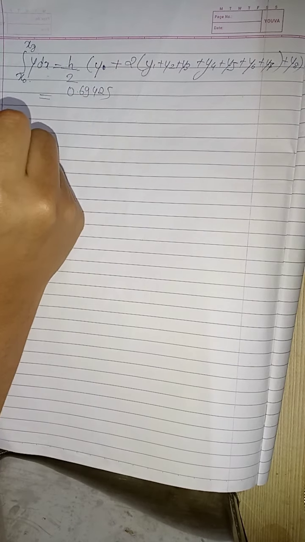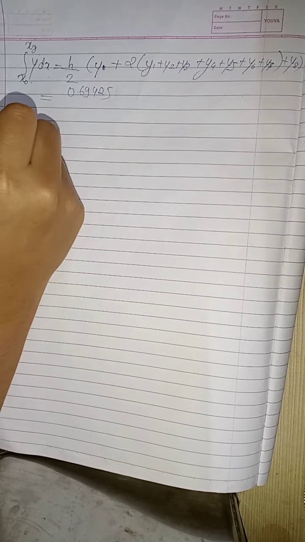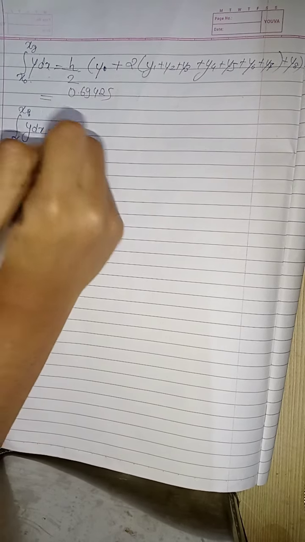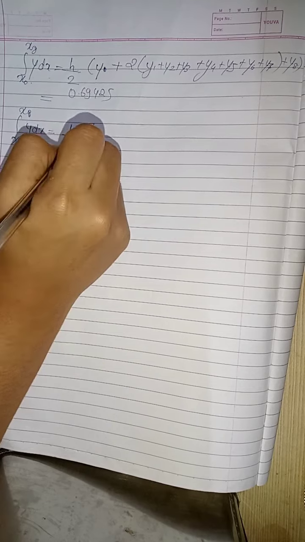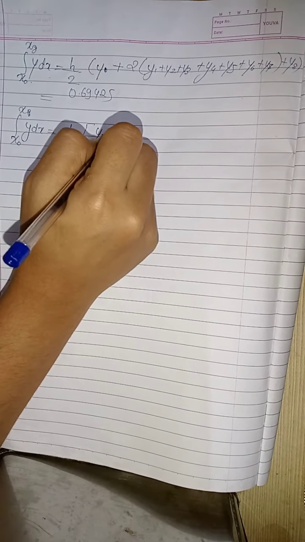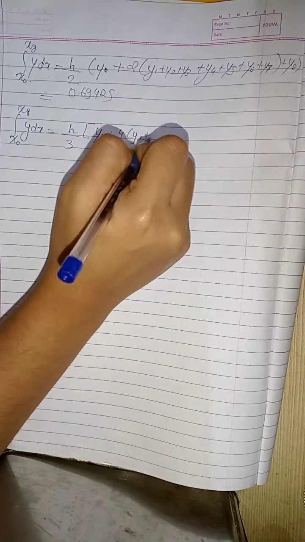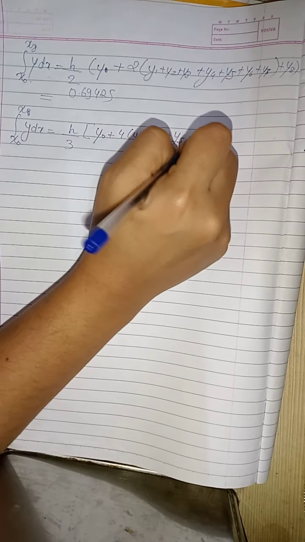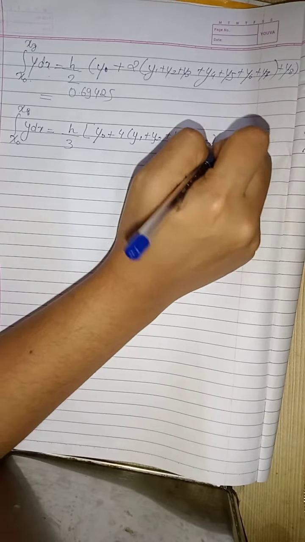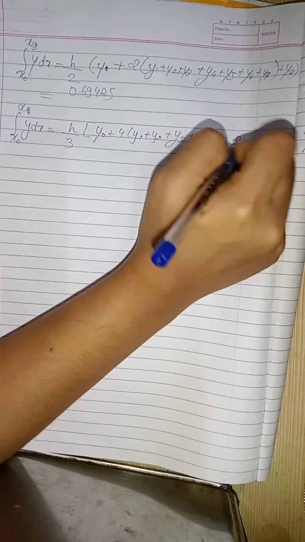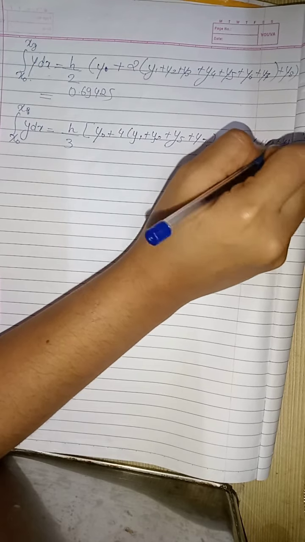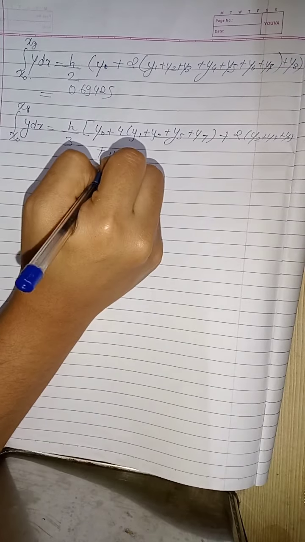Now by Simpson's rule, we have x0 to x8 y dx is equal to h upon 3 into y0 plus 4 into y1 plus y3 plus y5 plus y7 plus 2 into y2 plus y4 plus y6 plus y8.